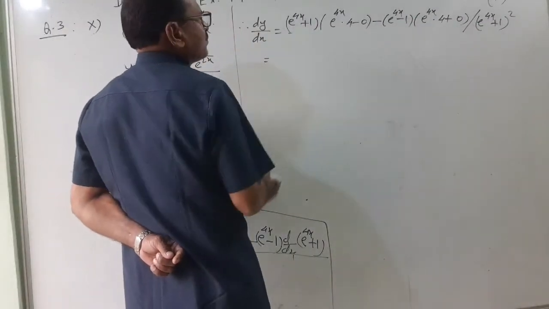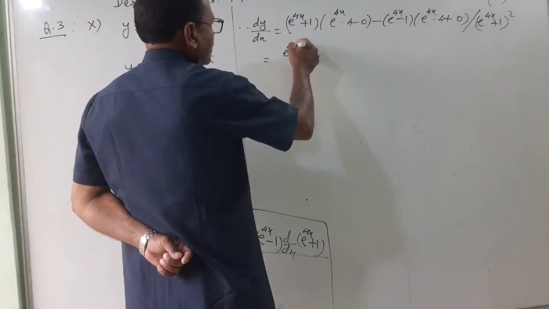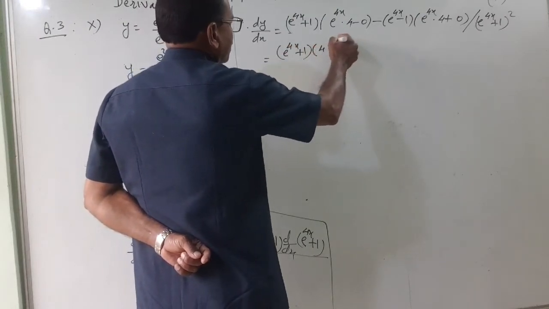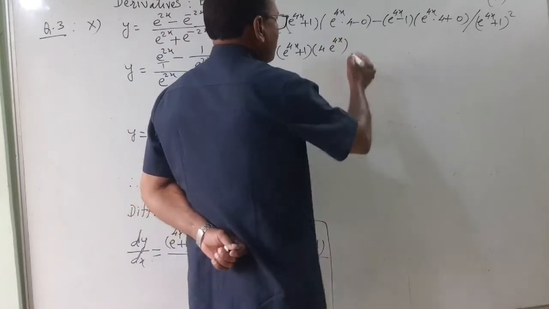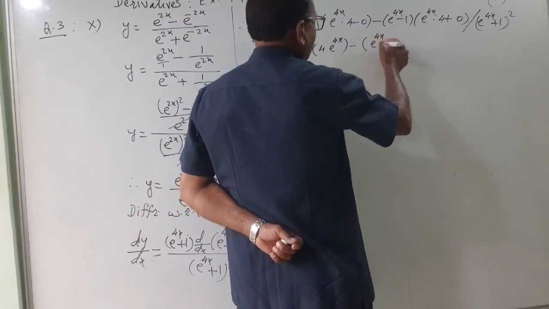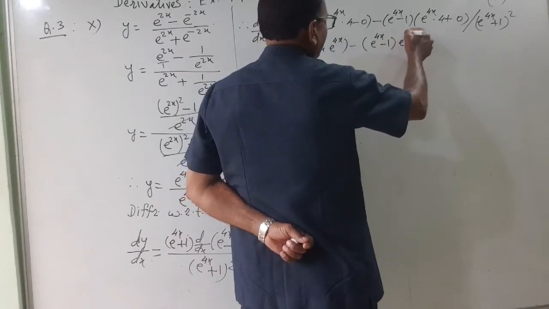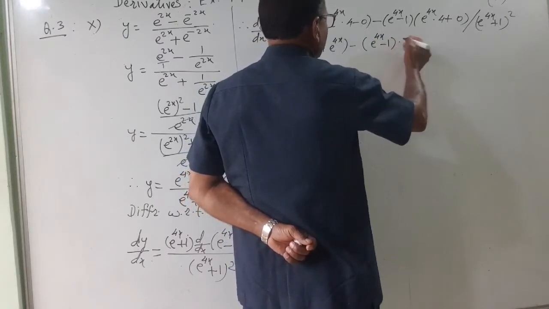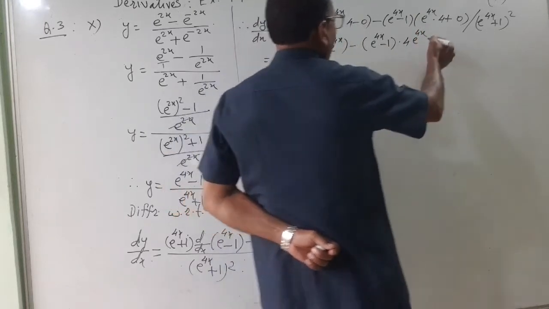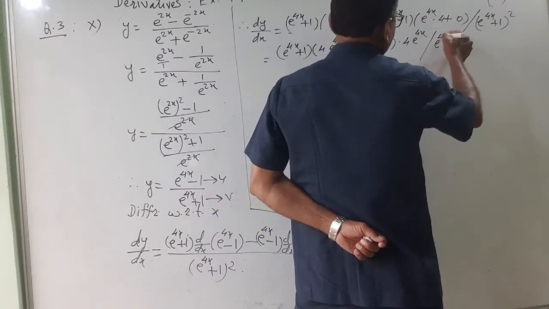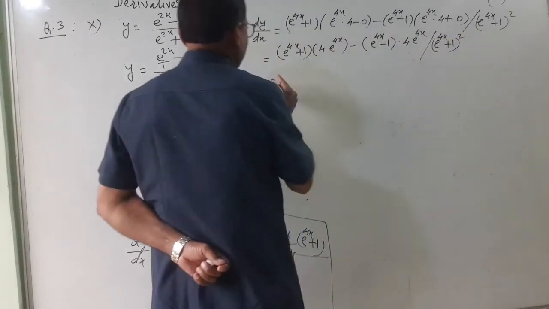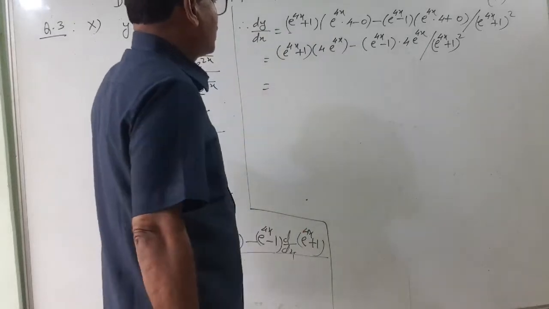That is equal to e raised to 4x plus 1 into 4 into e raised to 4x, minus e raised to 4x minus 1 into 4 e raised to 4x, upon e raised to 4x plus 1 bracket square.